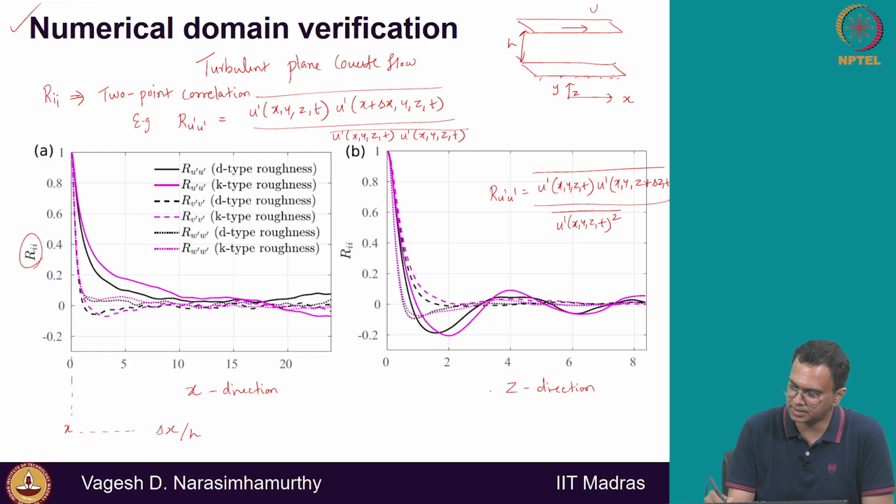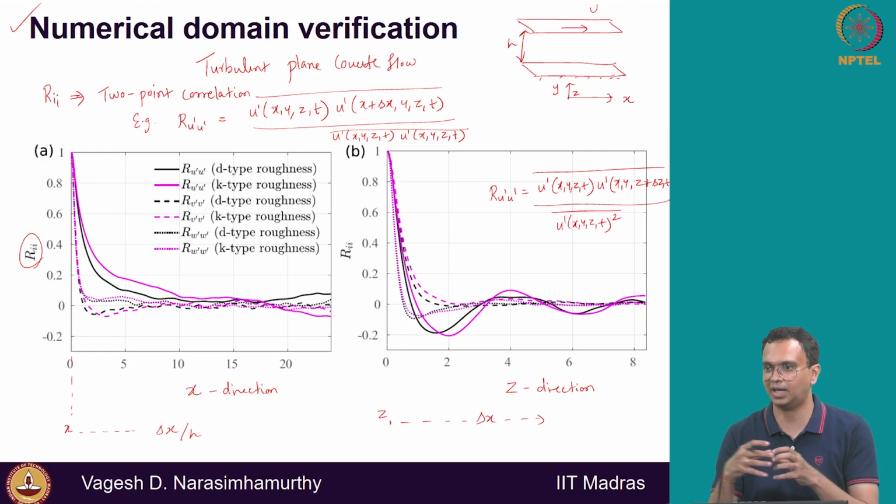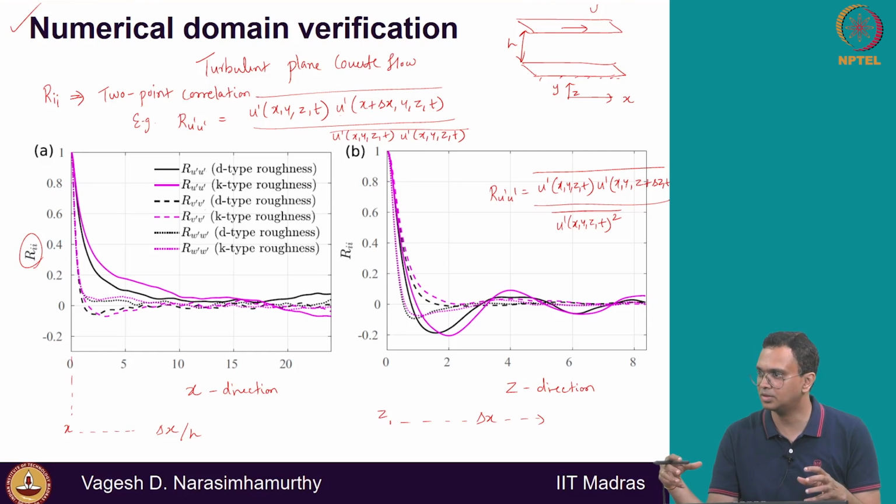Here delta z is what changes, starting from z equal to 0. As you change delta z, you can see the correlation is about to go to 0 by about 8h. So this structure is elongated like a spaghetti. There is a structure which is about 25h along the x direction, but about 8h along the spanwise direction.